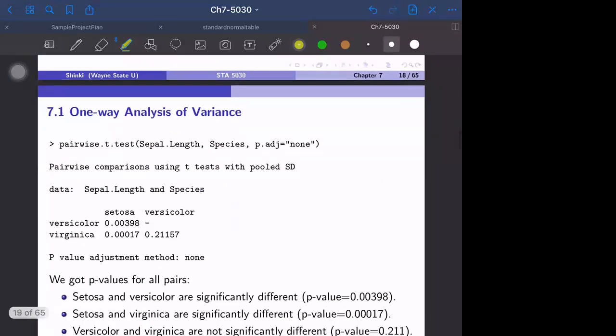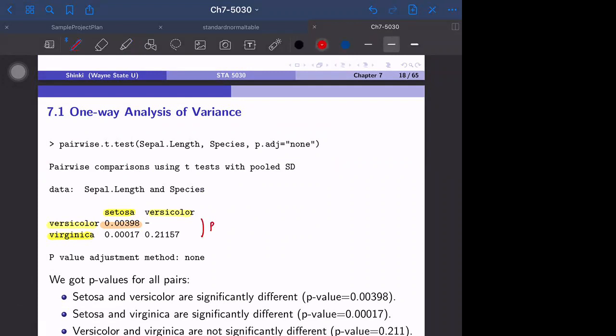This is the pairwise test result. We compare pairwise: Setosa versus Versicolor, Setosa versus Virginica, and Versicolor versus Virginica. So we have 3 p-values. The first is 0.00398, highly significant, less than 0.05.